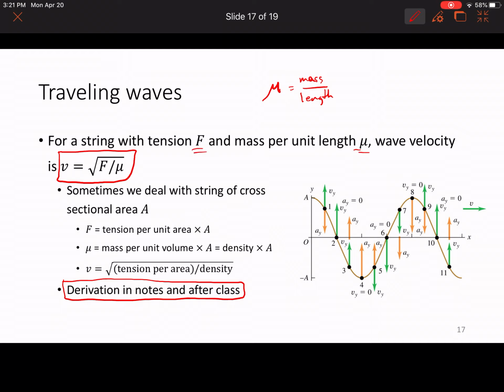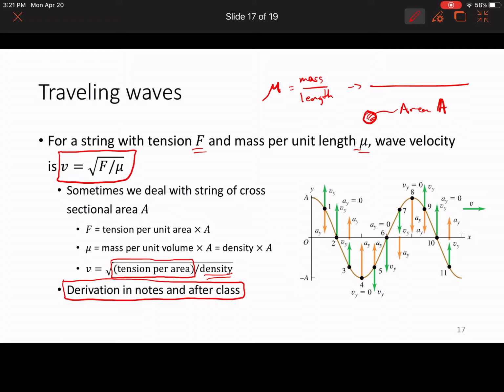One other thing you may need to know is that if I have a piece of string and I look down on it on the edge, the string has a cross-sectional area A. Then this can also be written as the square root of the tension per unit area. That's the tension of the string divided by the cross-sectional area A, over the volume density rho.